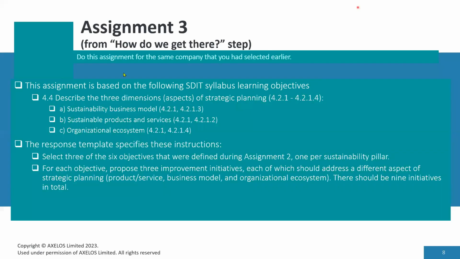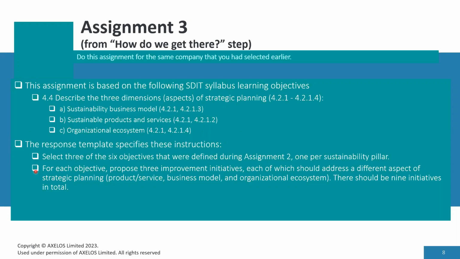Then using the information in assignment 2, you do assignment 3. And the second main bullet mentions that you need to select 3 of the 6 objectives that were defined during assignment 2, 1 per pillar. And then for each objective, propose 3 improvement initiatives, each of which should address a different aspect of strategic planning, such as product or service, business model, organization ecosystem.